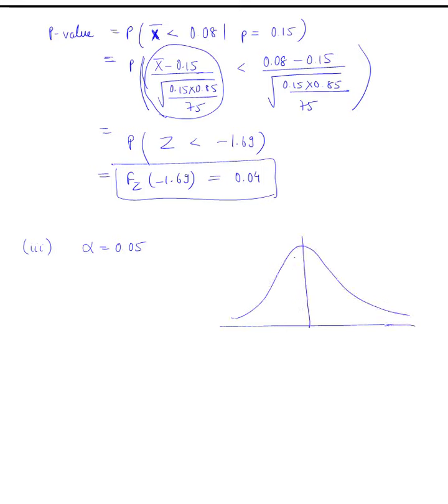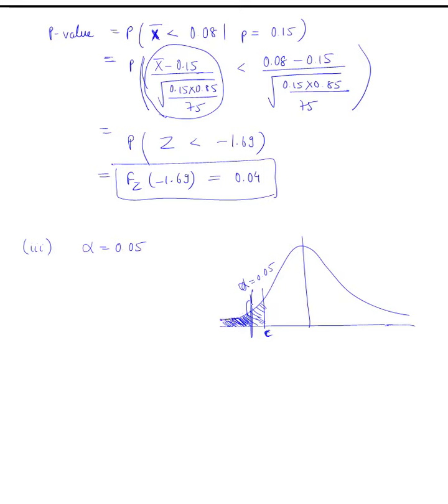We found the p-value to be 0.04. This is our rejection region. This is our alpha, which is 0.05, for some critical value, say C. Now we found the p-value to be 0.04, which is less than alpha, right?